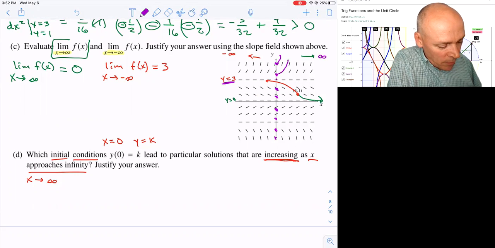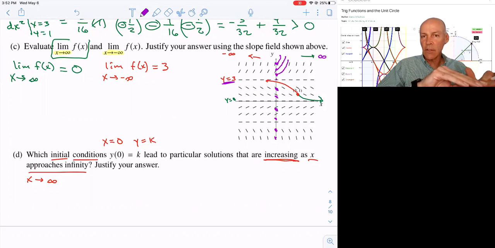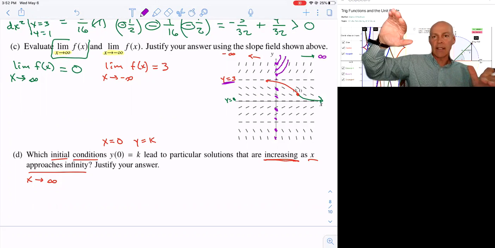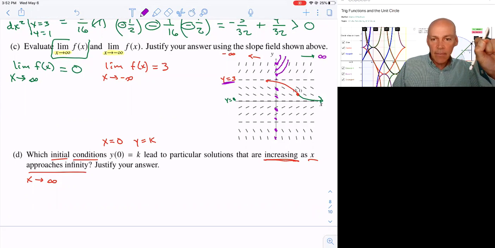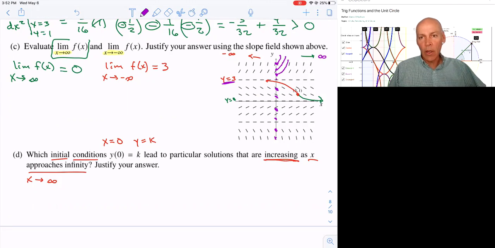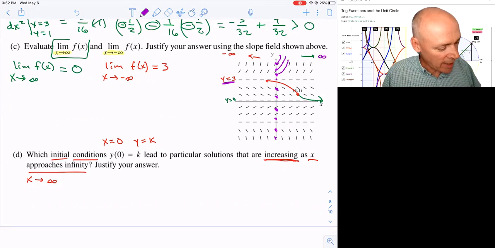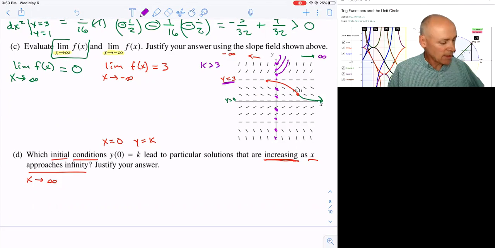And if I put one right there, those would be particular solutions that would be increasing if they had that initial condition. Anywhere where k is what? k is greater than 3. So I'm just going to put this, k is greater than 3.